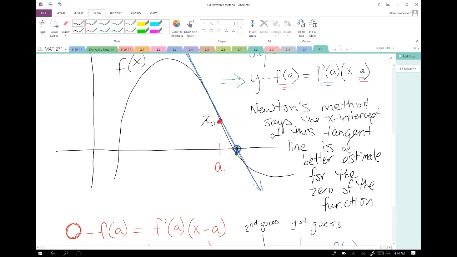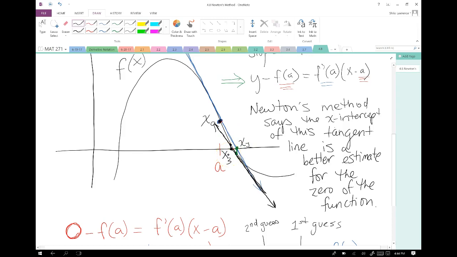Now it doesn't matter whether we look at it on the x-axis or whether we look at it on the function. It's still the same x value. Now if we draw the tangent line there, and look at its x-intercept and follow it up to the function, that should be an even better guess for the x-intercept, and it is. It got even closer. That is x sub 3.